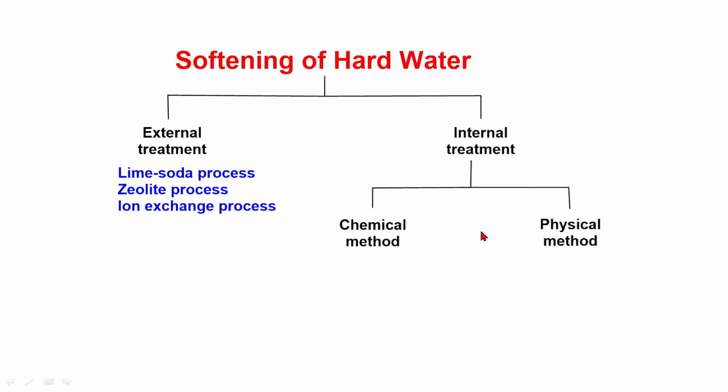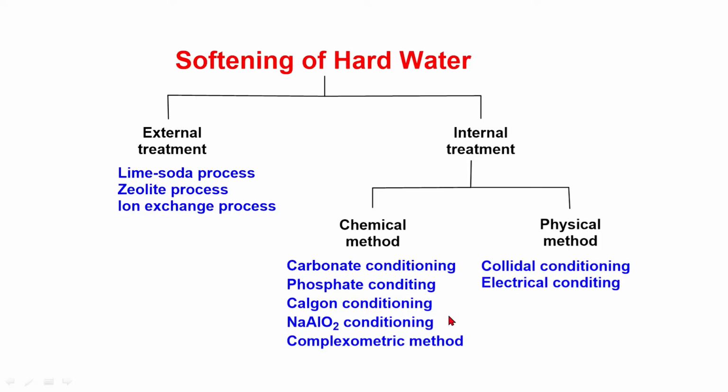Whereas internal treatment processes which take place inside boiler are chemical methods and physical methods. Chemical methods include carbonate conditioning, phosphate conditioning, calgon conditioning, sodium aluminate conditioning, and complexometric method, whereas physical methods include colloidal conditioning and electrical conditioning.